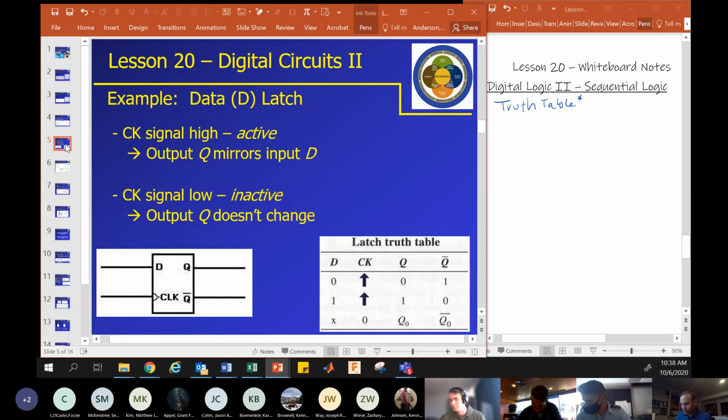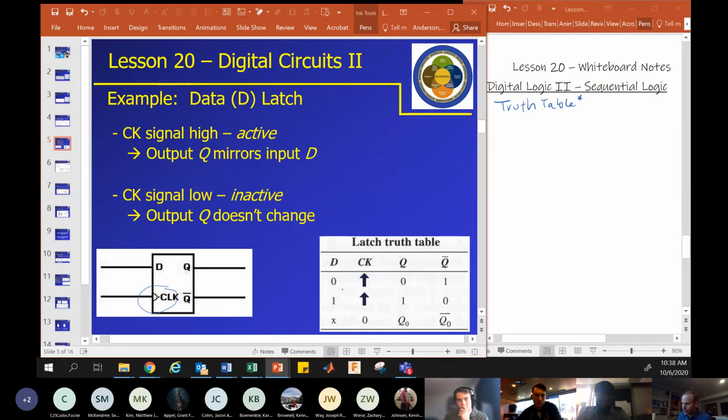All right, so one of the most simple types of sequential logic devices is a latch. So this is a D latch or a data latch. And what's different about this compared to what we talked about last lesson is this clock. There's something called a clock input, and it controls when the device actually changes its state. So here's the truth table for the latch.